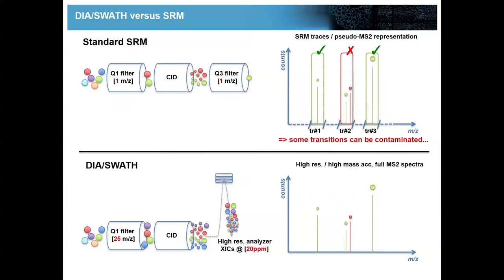Up here in SRM we had unit mass precursor isolation, and down here we've opened this up to 25 mass units. What passes through the first quadrupole is now more complex: we had the red and green peptides, and now the purple and blue ones come along for the ride as well. These all get co-fragmented, giving purple, red, green and blue fragments, which are all analyzed by the TOF mass analyzer.